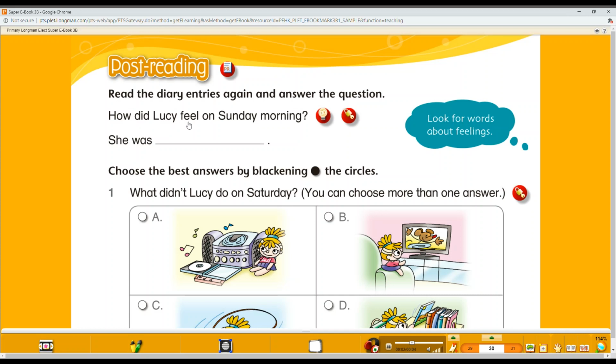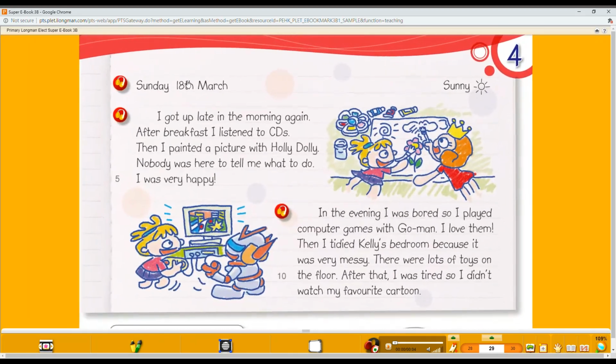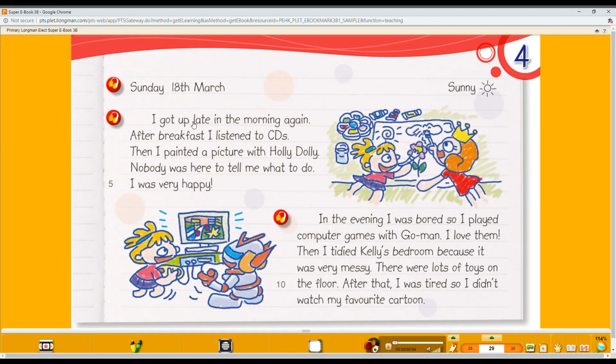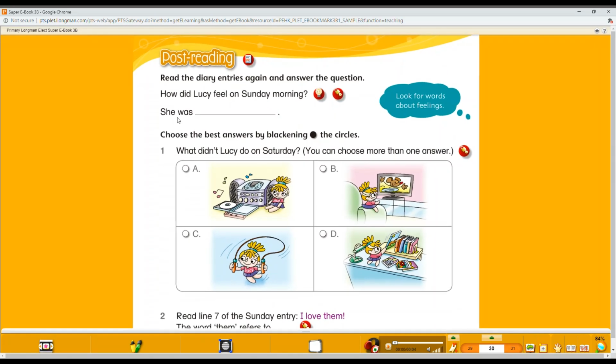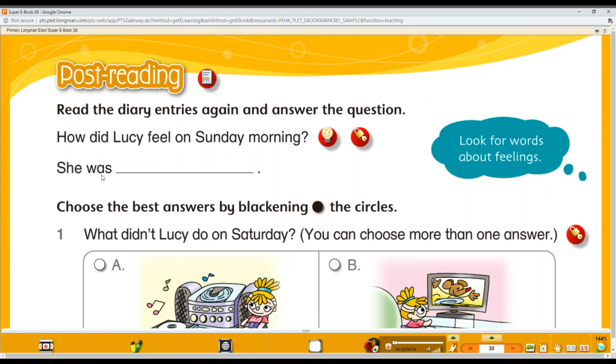How did Lucy feel on Sunday morning? Look for words about feelings. So let's check the Sunday morning entry. Sunday morning. Oh, I was very happy. Happy is the feeling word. So, Lucy, she was very happy.